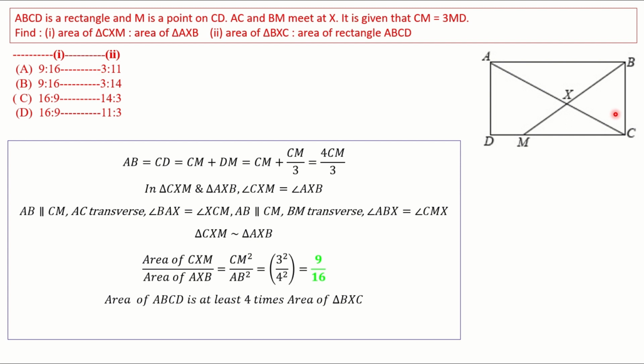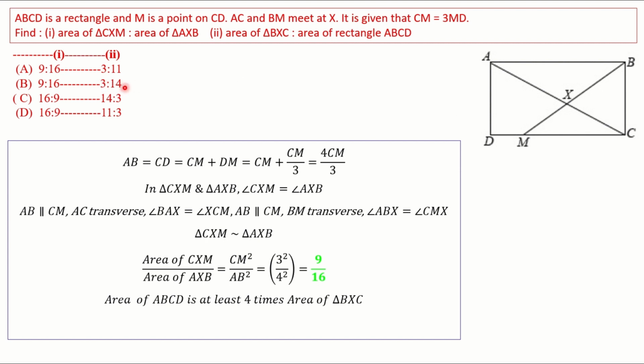Now here, if you see the options, 9 is to 16 is the correct answer for the first part. So for the second part you need which one is minimum 4 times. Because here BXC area will be still less. The ratio against ABCD will be still less, right? So it will not even be one fourth, it will be less than one fourth.